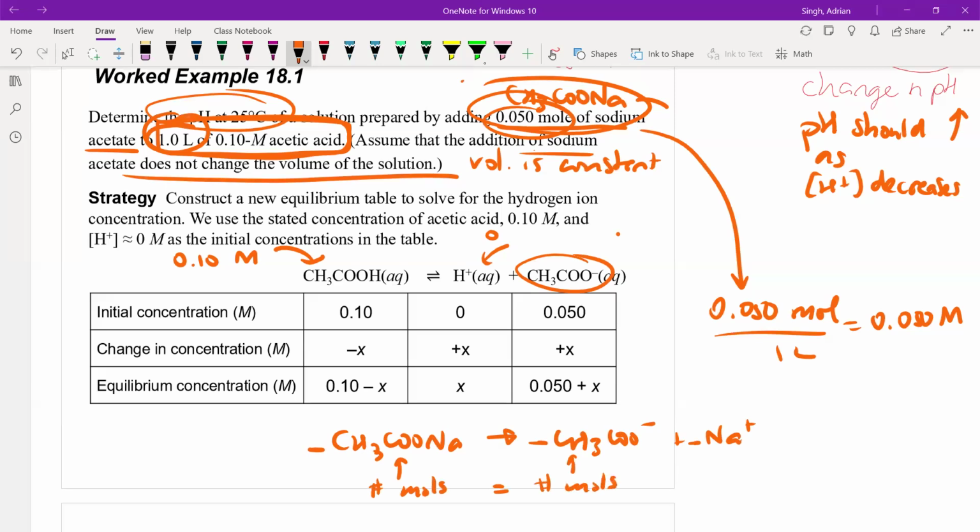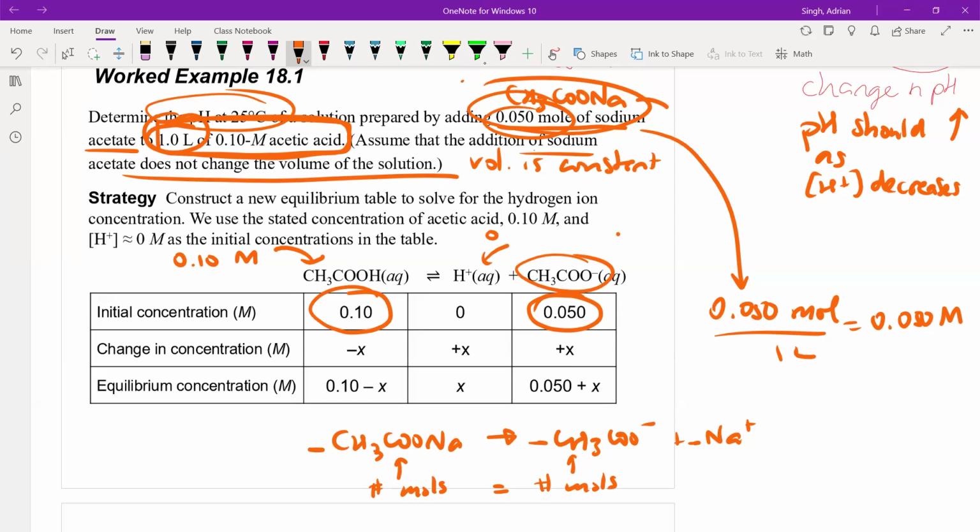That's why we can make that equality, because everything is in a 1-to-1 mole ratio. So initially, we have our concentration of the acetic acid, and we have our concentration of the acetate ion, right?